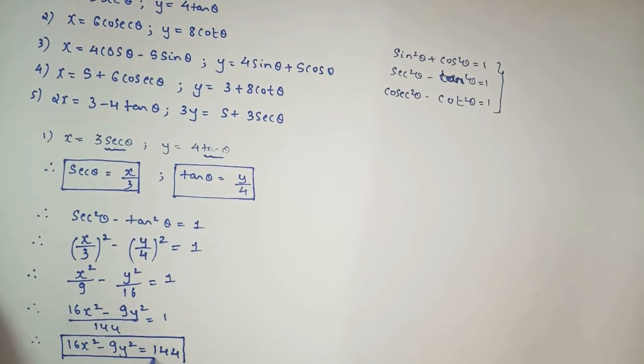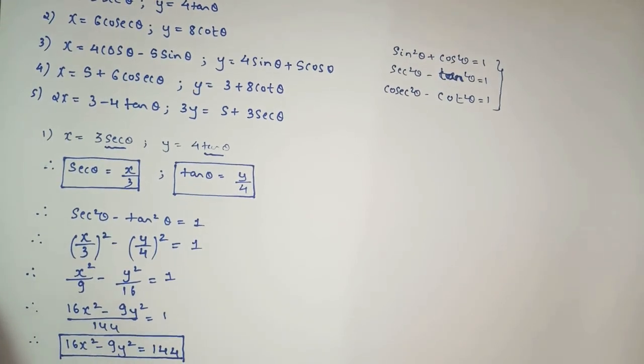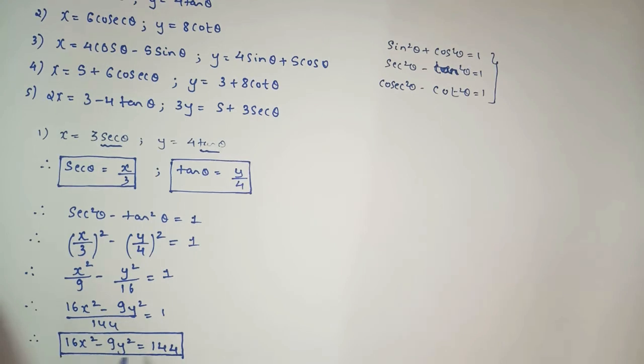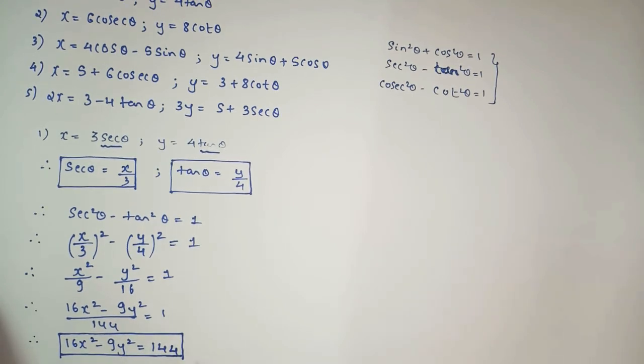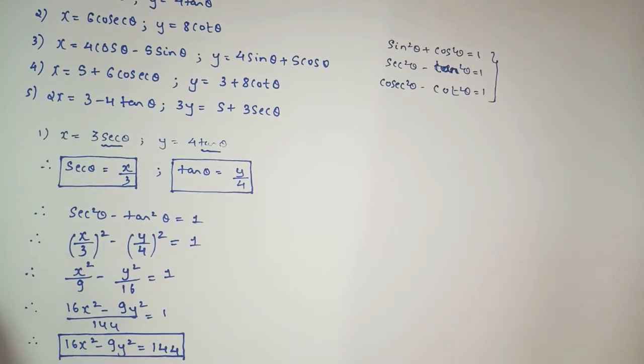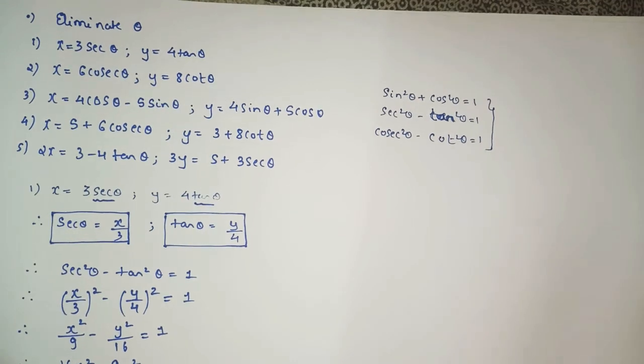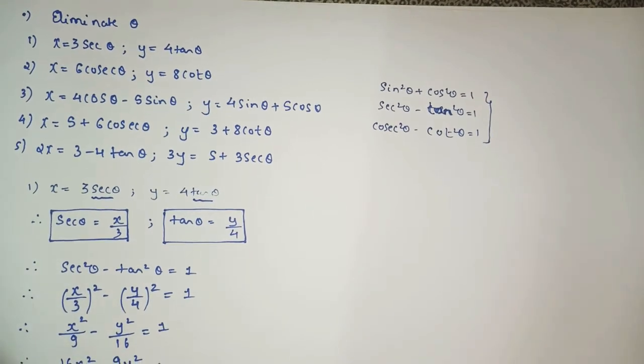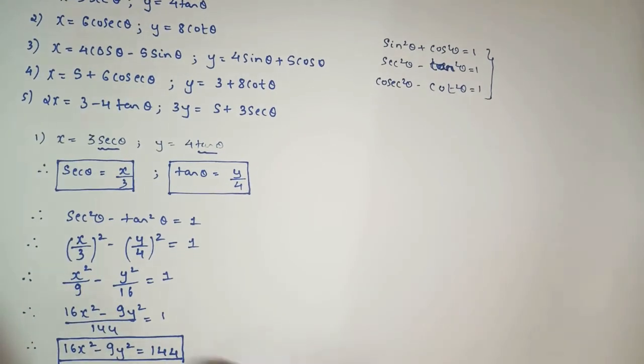As we can clearly see, in the final step of the required answer we cannot see theta anywhere, on the left hand side as well as the right hand side. So that means we have eliminated the theta part. In simple language, eliminate theta means that in the final answer, theta should not be there.